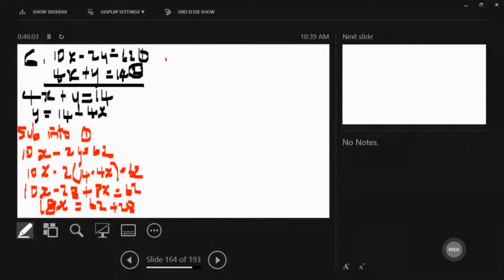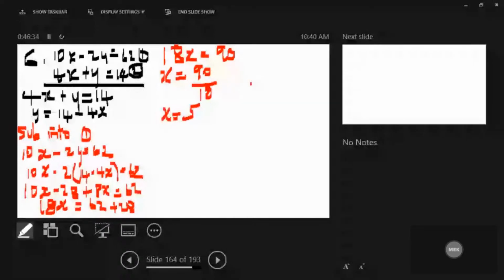So we have 18x equal to 90. So x is equal to 90 divided by 18, which is 5. All right, so since x is 5, we're going to substitute this value of 5 into equation 2. All right, so substituting into 2.